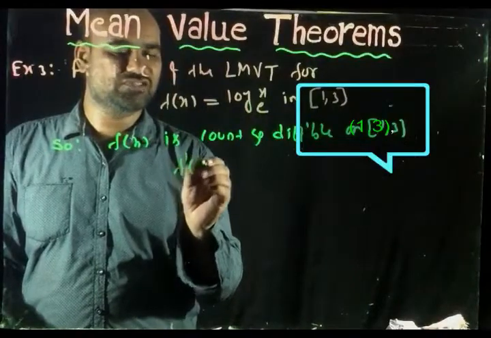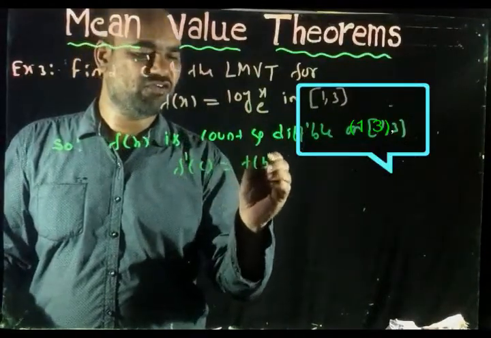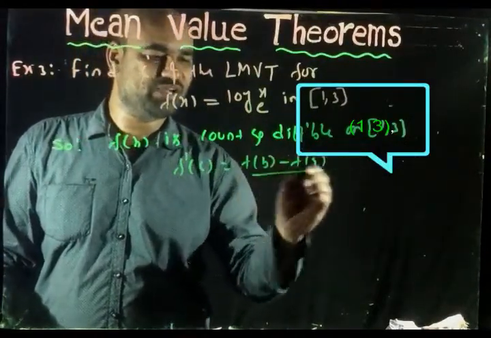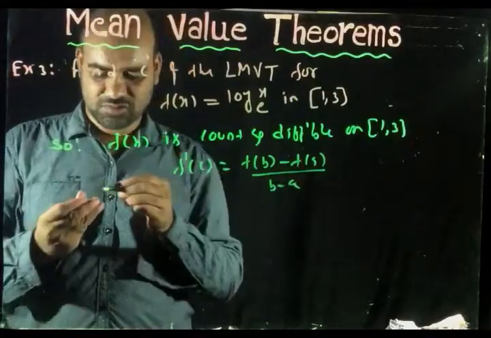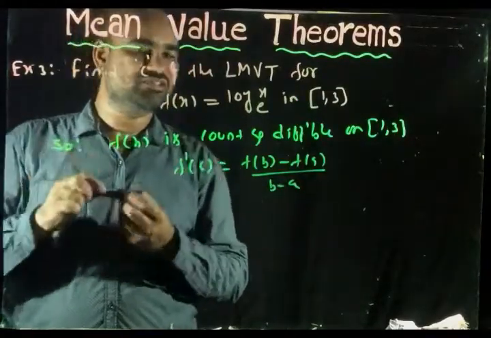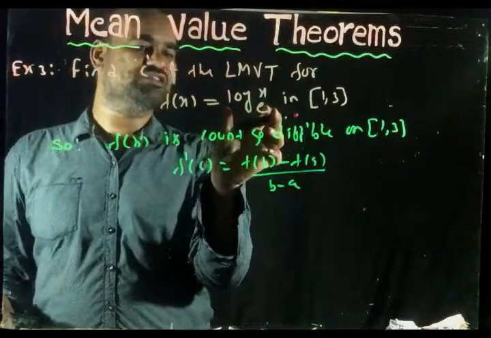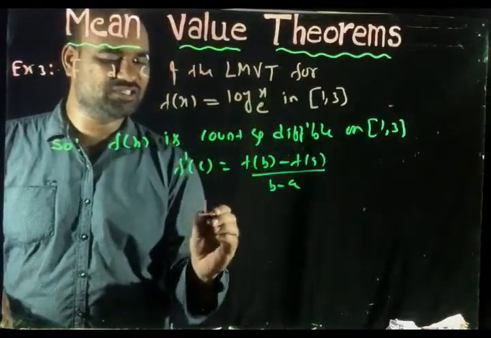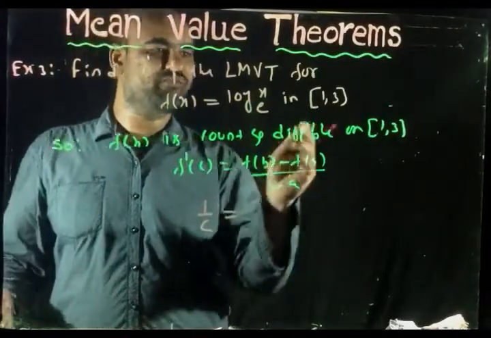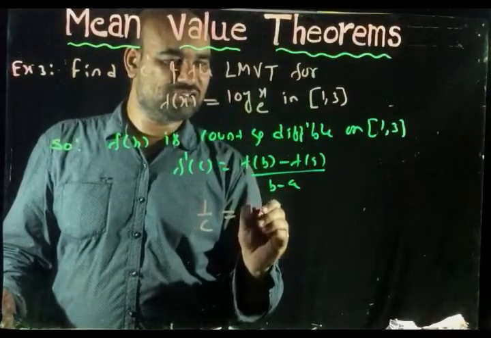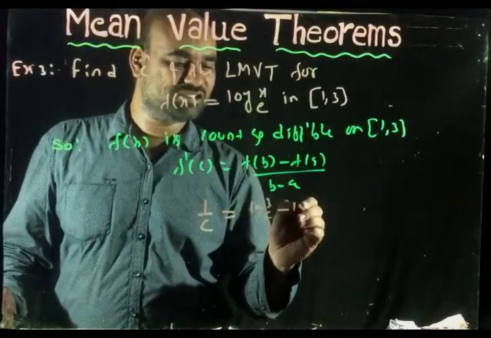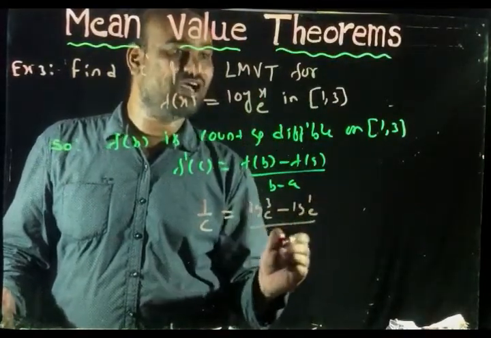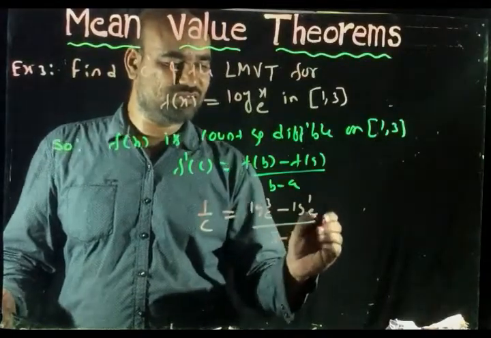So I want to find c. f dash of c equal to f of b minus f of a by b minus a. f dash of c, the differentiation of this function, is 1 by x, means 1 by c. 1 by c equal to f of b, log 3, minus log 1, by 3 minus 1.